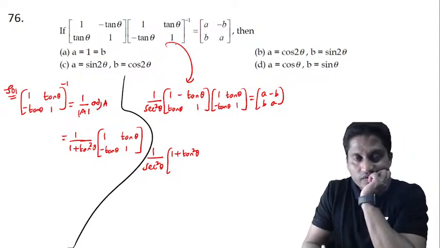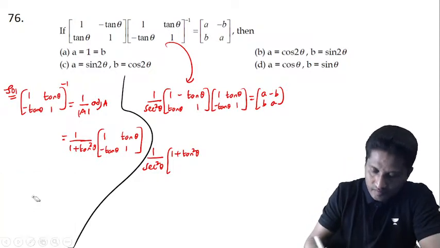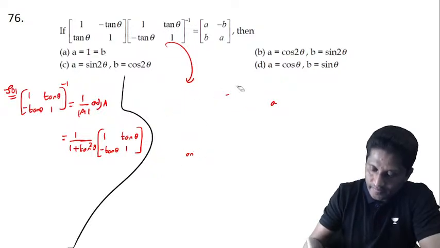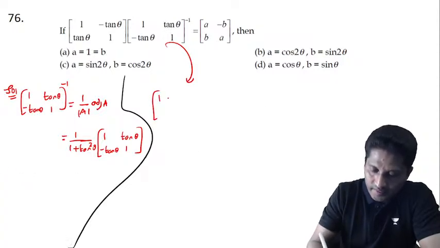A inverse is equal to 1 by determinant A into adjoint of A, right? Now if I substitute 1 by determinant A into adjoint of A, this becomes 1 minus tan theta. So tan theta and 1, this I'll keep as it is.